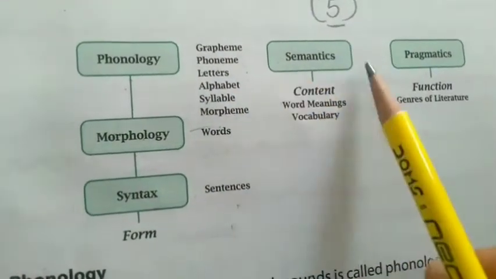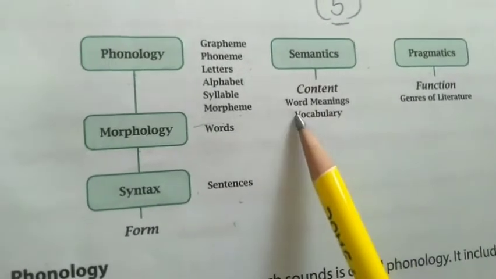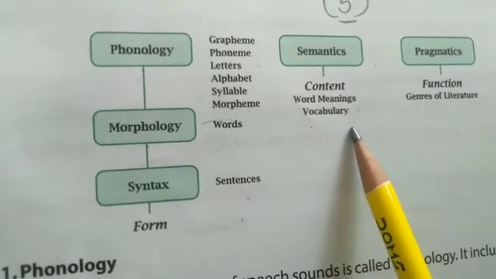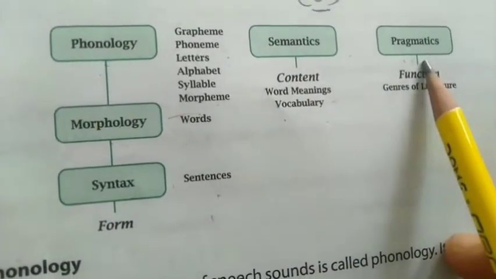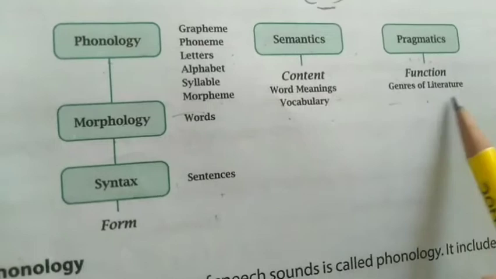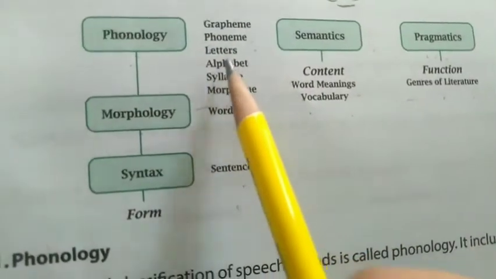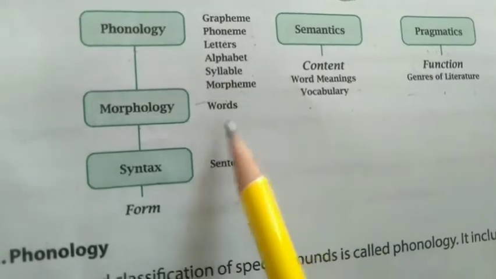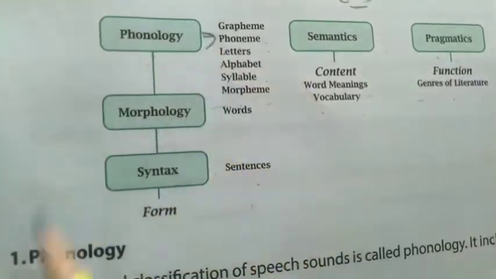Then we have semantics, which deals with the content, the word meanings and vocabulary. Pragmatics consists of the function or genres of literature. Now grapheme, phoneme, letters, alphabet, syllable and morpheme come under the first category.